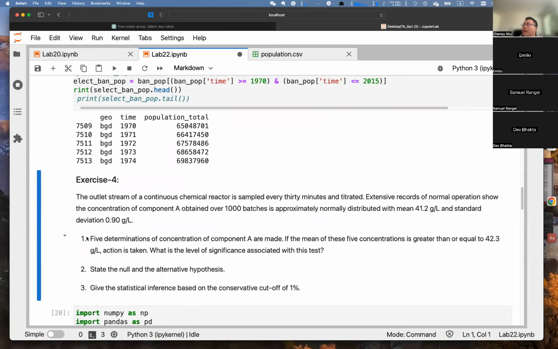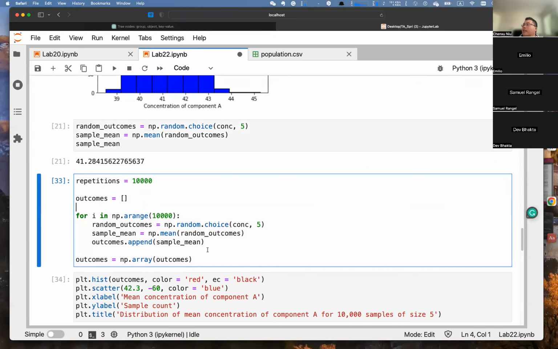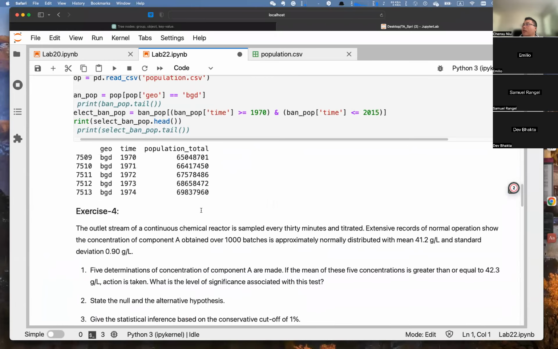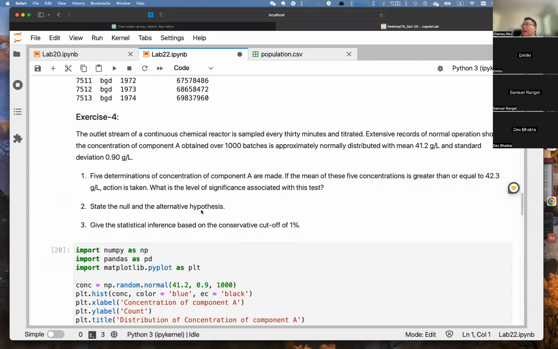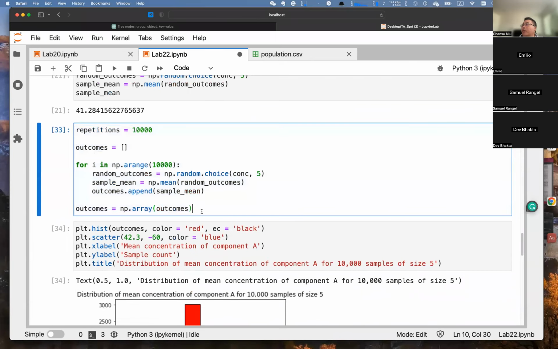In this example, we need to select 5 numbers and compute the mean values. And then repeat 10,000 times. 10,000 times means we want to simulate it, and 10,000 is pretty large, so we want to show it's convincing, right?